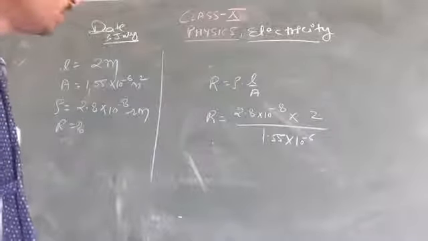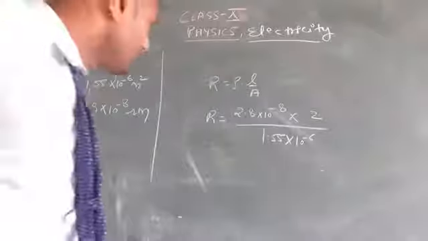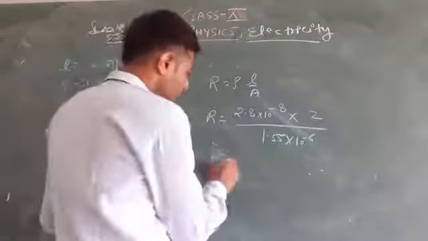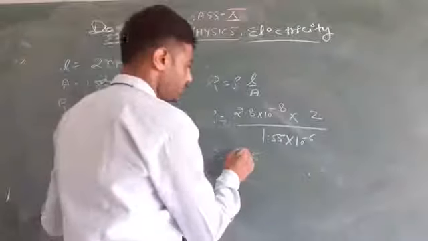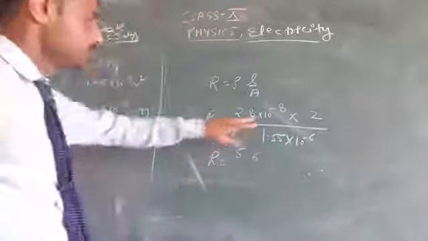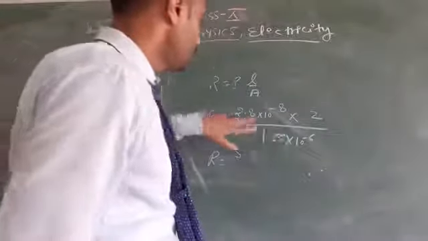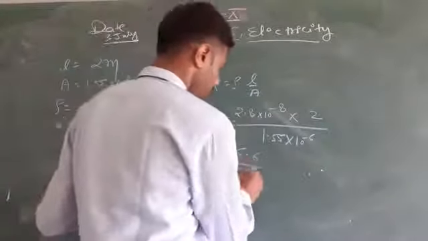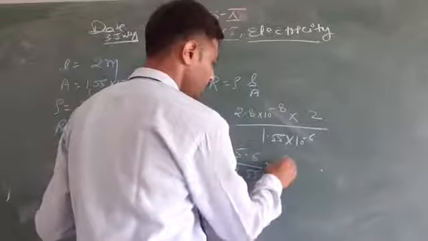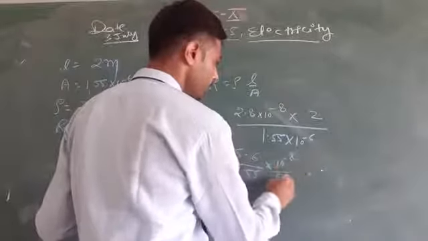Okay. So when you solve, R equal to 5.6 into 10 to the power minus 8 upon 1.55 into 10 to the power minus 6.